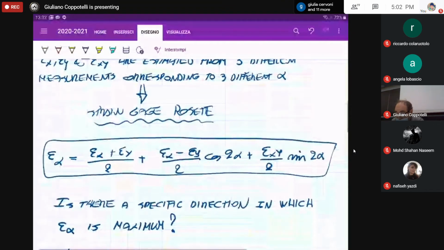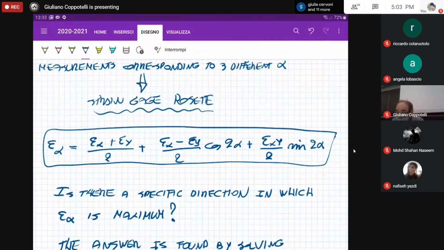Now, once we solve that system of equations with respect to epsilon x, epsilon y, and epsilon xy, we can use them to find a specific direction, a specific reference frame, in which there is a maximum value of the normal strain, maximum or minimum.